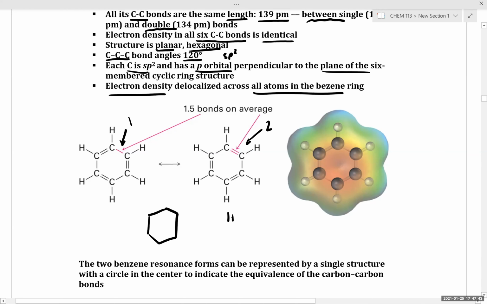Averaging these together, we get a bond order on average of 1.5. So in our resonance hybrid, rather than having our carbon-carbon bonds be explicitly single or double bonds, this bond strength and length is closest to that of a 1.5 bond, in between that of a single and double bond. Does that idea make sense?